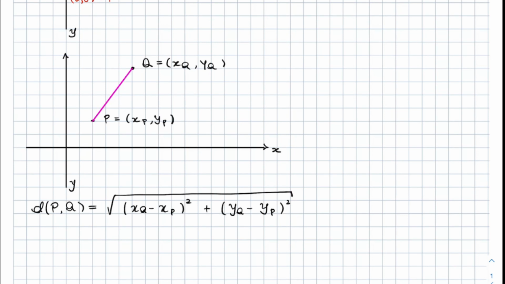So this is the distance between 2 points in the plane. What have we done? We've given a way, a law if you want, a rule, to assign to every 2 points, P and Q in the plane, a number which is the distance between these 2 points. Geometrically, this distance is given by the length of the segment connecting the 2 points.